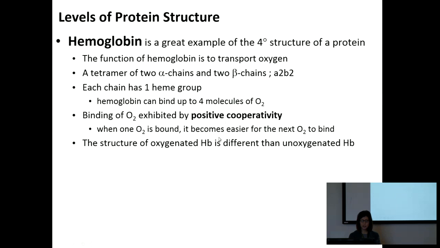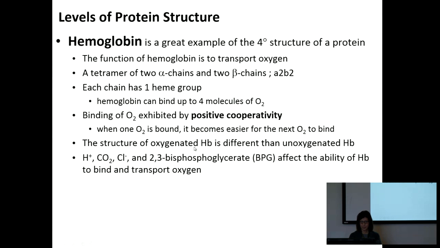That means that the structure of hemoglobin, Hb is for hemoglobin, without oxygen is different than the structure with oxygen. There's other molecules that can affect the ability of hemoglobin to bind oxygen. And we're going to talk about the protons, carbon dioxide, and BPG in a moment.